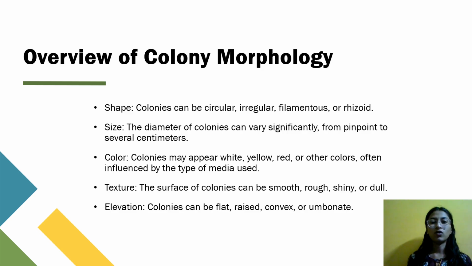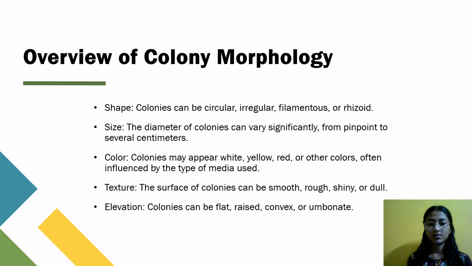The overview of colony morphology is: the first thing is the shape, and next are size, color, texture, and elevation. Coming to the shape, colonies can be circular, irregular, filamentous, or rhizoid. The size is based on the diameter of the colony, which varies significantly from pinpoint to several centimeters.